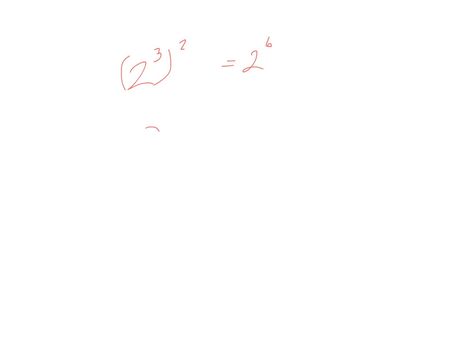Here's the rule. It's a to the n raised to the m is equal to a to the n times m. So now we have what the rule is, and I'm going to show you why it's a shortcut. If we go back to this one we had at the top, 2 to the 3rd to the 2nd, this exponent is telling us that we have 2 sets of these. So I'm going to write out 2 sets of these. One set would be 2 to the 3rd.